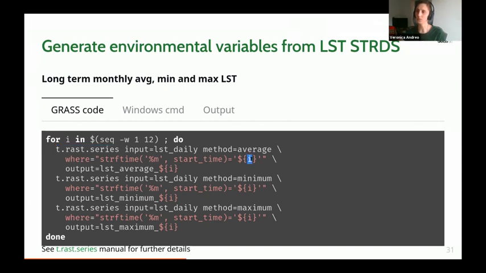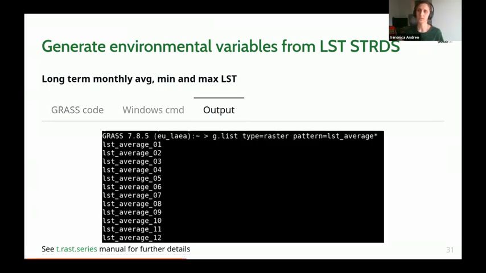In this case, since this is a cycle, it will be 01 first, then 02, and so on and so forth. And the same for minimum and maximum. And basically, the output for this will be the average LST for all the maps corresponding to January, February, March, and so on. And the same for minimum and maximum, okay?